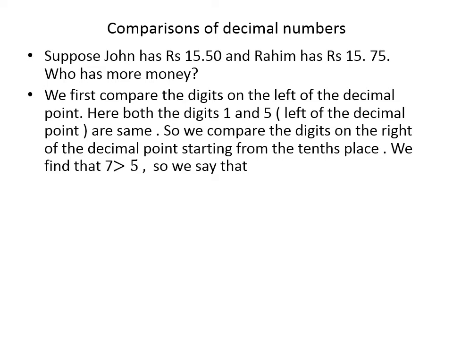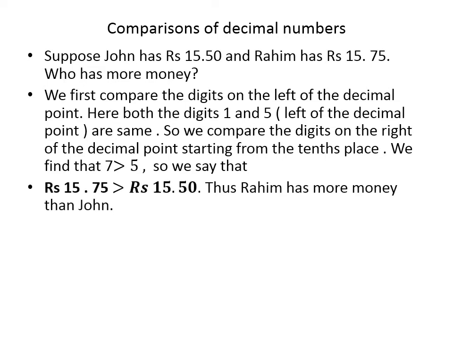Now we find that 7 is greater than 5. So we say that rupees 15.75 is greater than rupees 15.50. Thus Rahim has more money than John. So this is the comparison of decimal numbers.